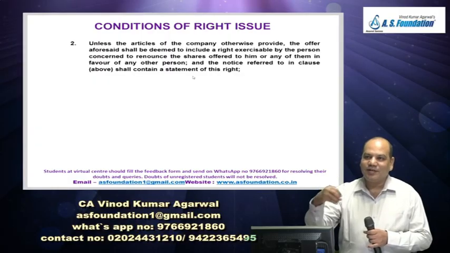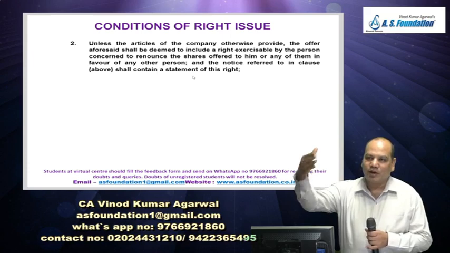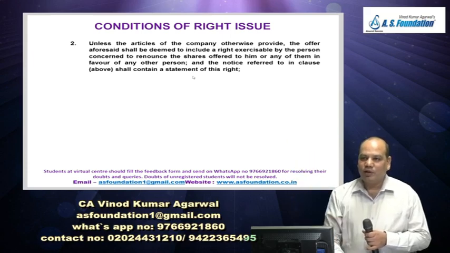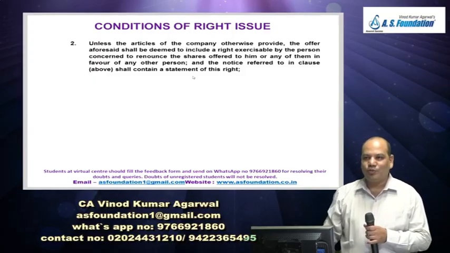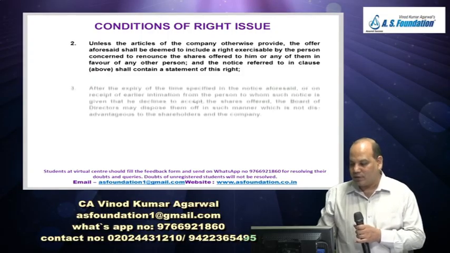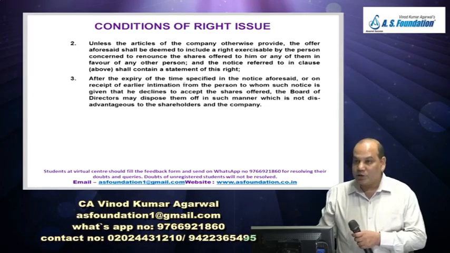The right side says, if you don't want to exercise and want to transfer it to others, fill the right side of that page and write the name of the party to whom you want to transfer, etc. After the expiry of the time specified in the notice, or on receipt of earlier intimation from the person to whom such notice is given that he declines to accept the shares offered.